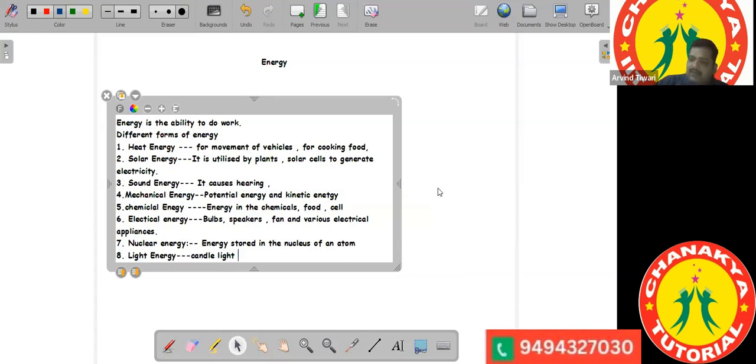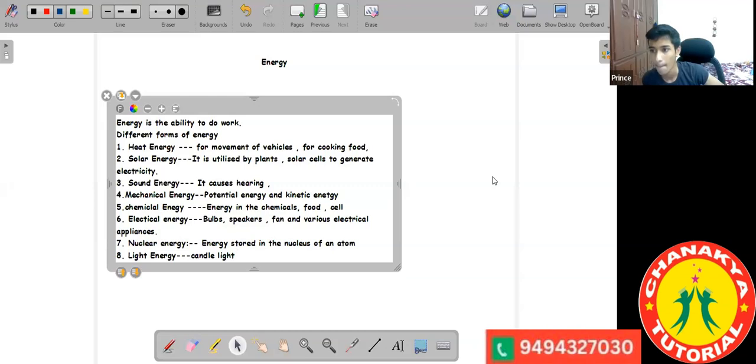And just now we have discussed which energy is there in food. Prince, which energy is there in food? Siddhisri, which energy is there in food? Sir, chemical energy.